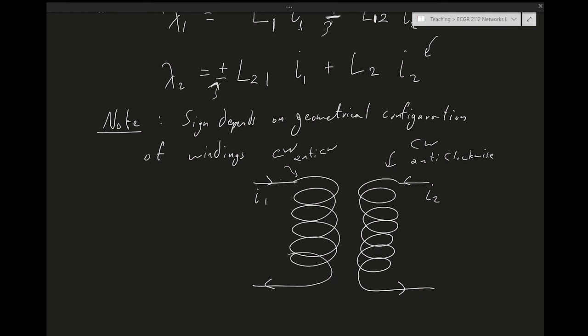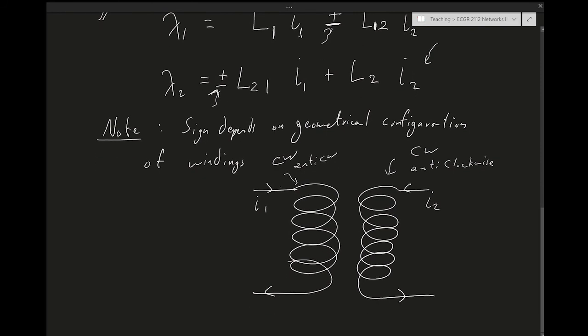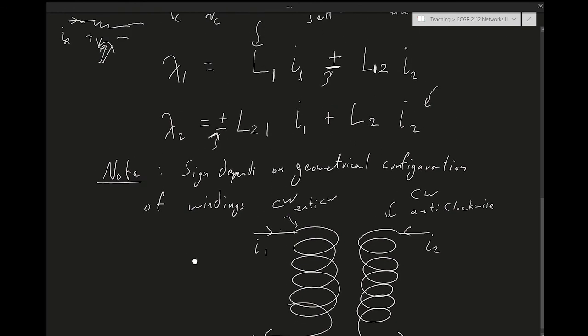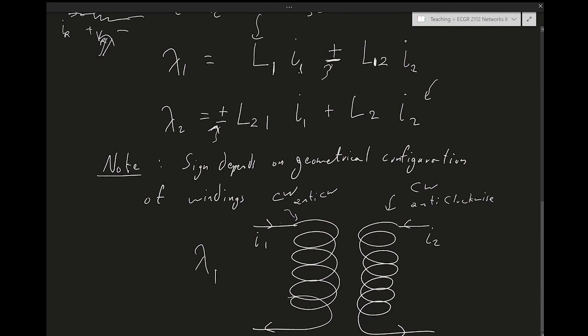Why does that matter? Well, it matters because let's say we're examining the flux linkage for coil 1. So we're trying to find lambda 1. This flux linkage is going to be due to 2 fluxes. It's going to be due to the flux due to I1.